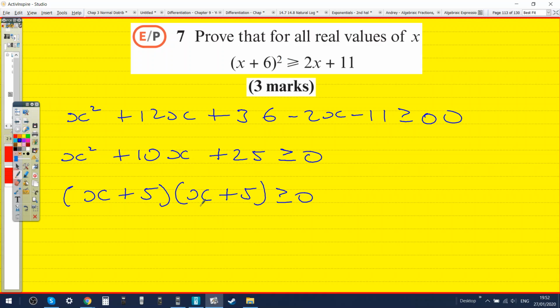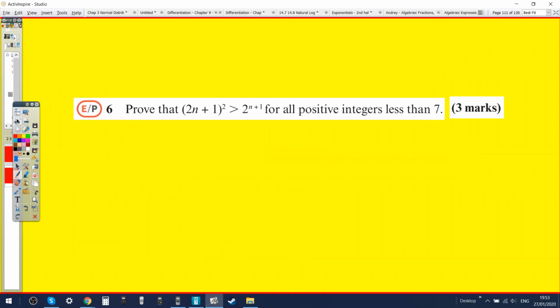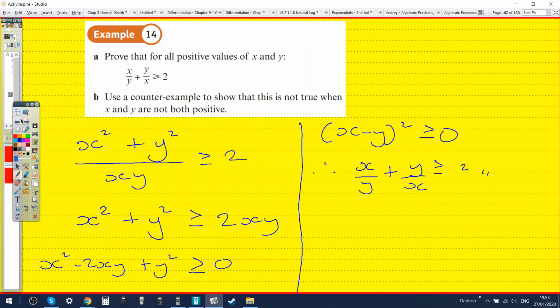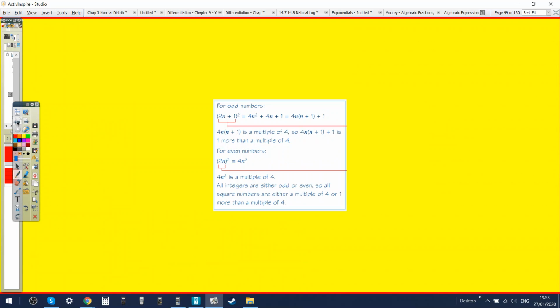Fully factorize? And then I need to make it squared. Yep. And now you've done it.